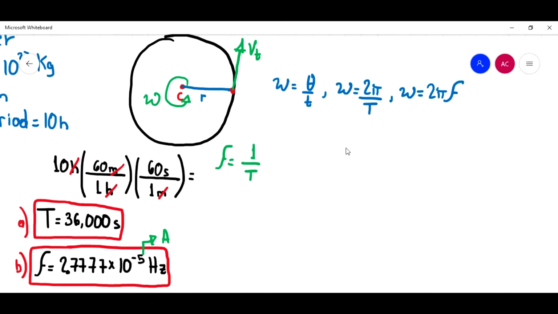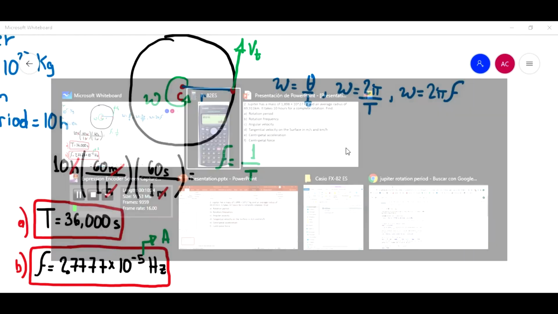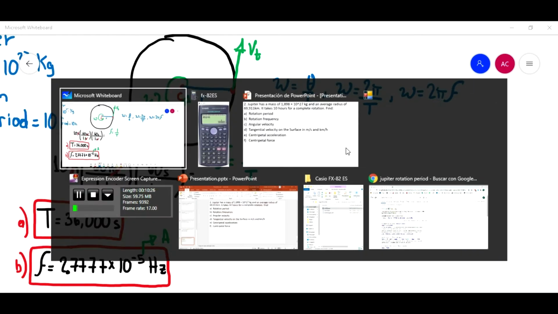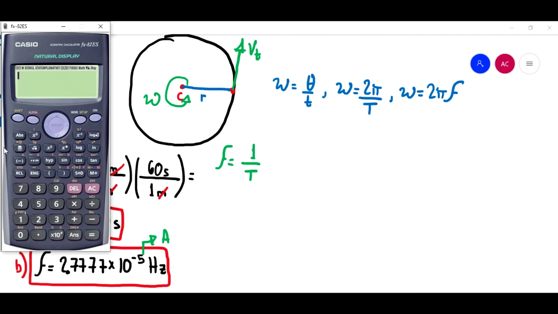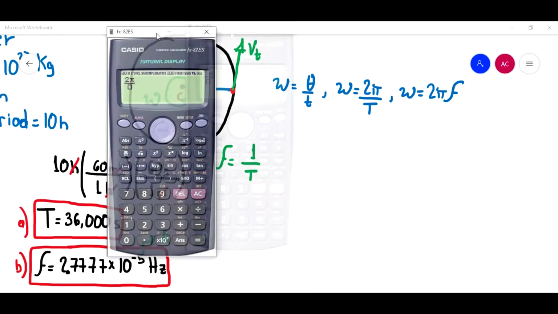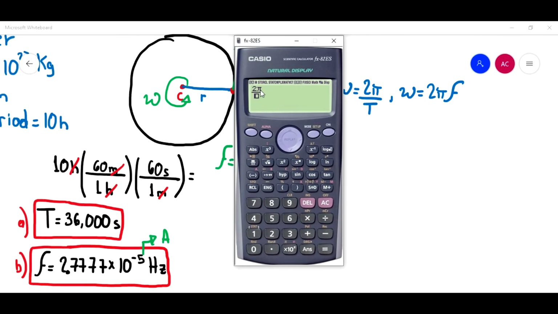Okay, so let's get the calculator over here. Fraction 2π over the time, there is the period in seconds. Remember, it has to be in seconds, so it must be 36,000, and that is the angular velocity.